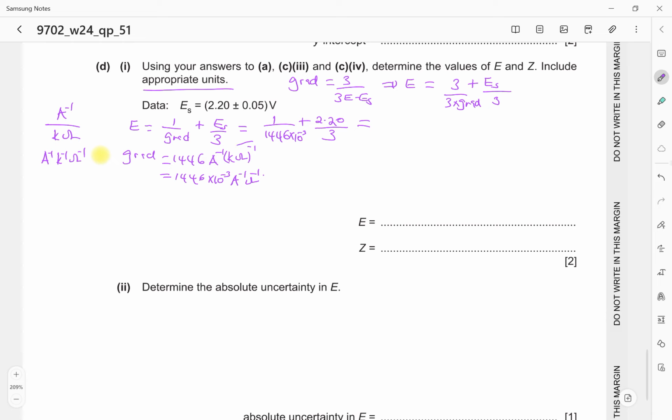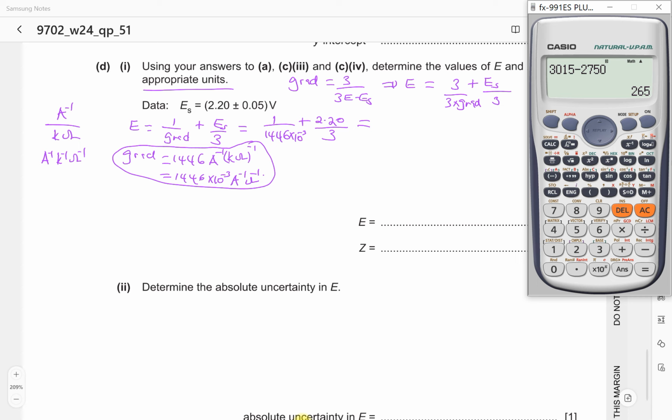So this is just rough work for us to know how to change these units. So I'll just convert this.